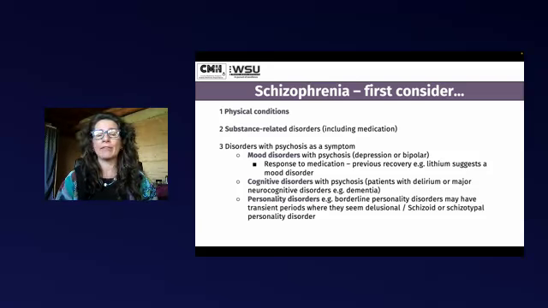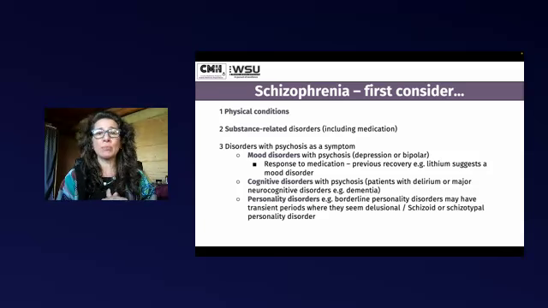So the one is somebody having a mood disorder with psychosis. So this is somebody who's had depression, maybe quite severe depression, and both depression and bipolar can end up having psychotic symptoms. So for example, if you have somebody who was quite high, he had bipolar, he got psychotic, was put on lithium and he recovered, that was probably part of his mood disorder and is probably not due to schizophrenia.